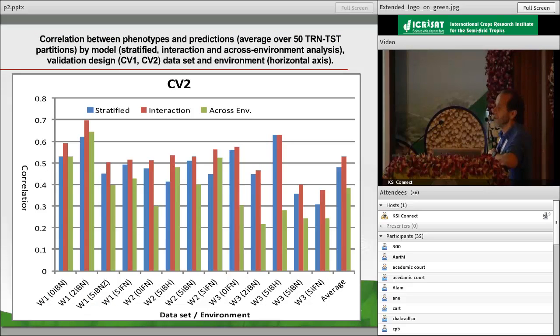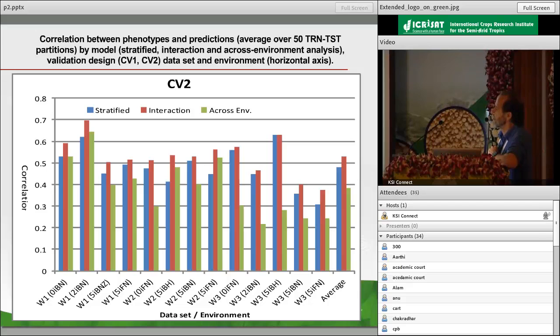These are the results of this particular model for three wheat data sets, which are the candidates that Dr. Ravi Singh runs in CIMMYT, with about 700 to 1,000 individuals. Here we have the three data sets, which we call C45, C46, and C47.